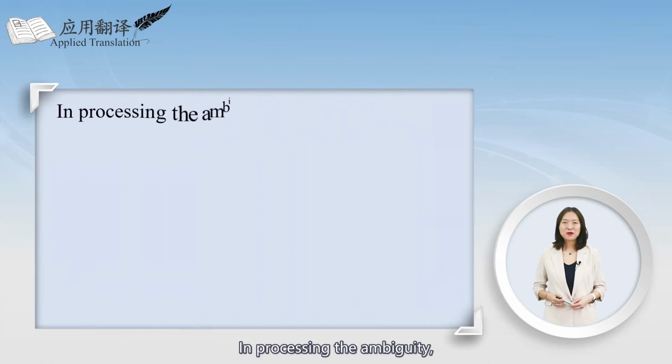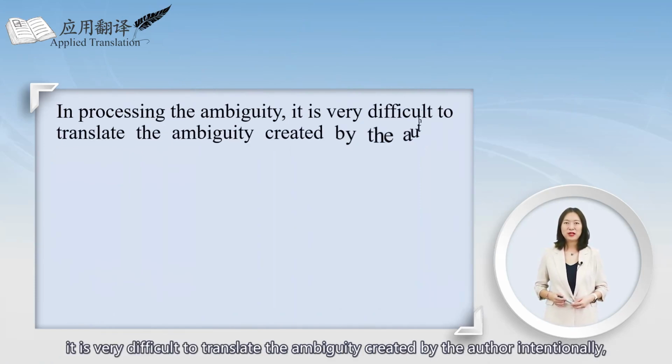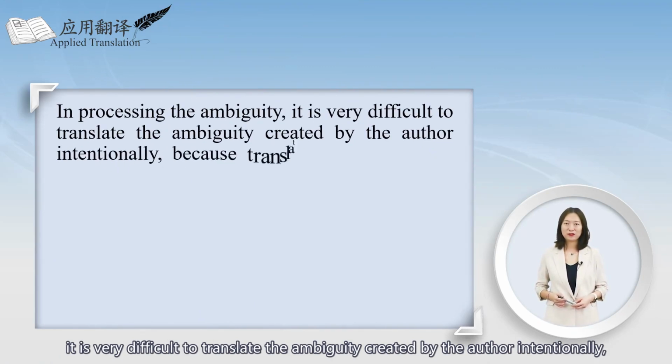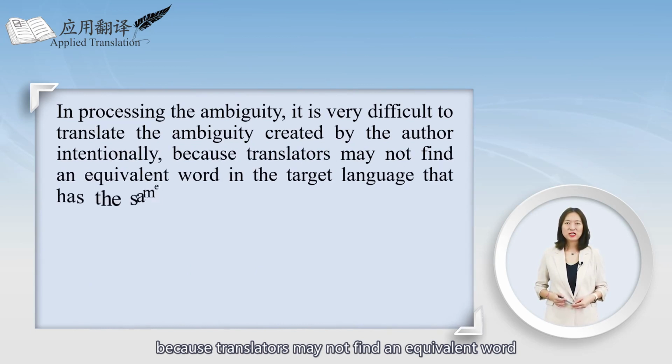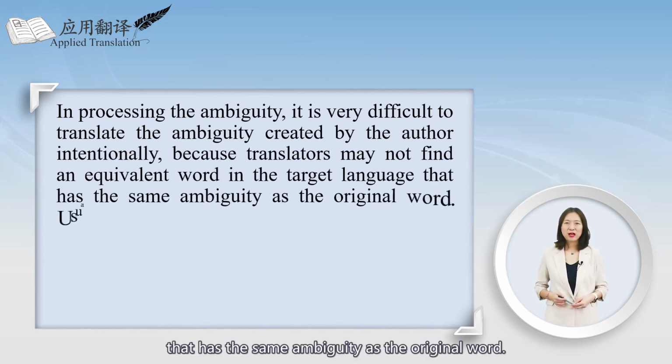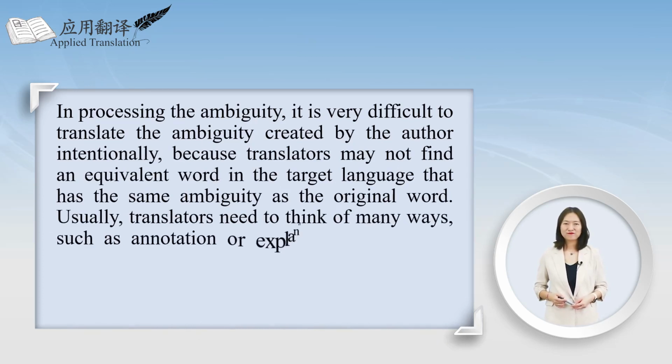In processing the ambiguity, it is very difficult to translate the ambiguity created by the author intentionally, because translators may not find an equivalent word in the target language that has the same ambiguity as the original word.